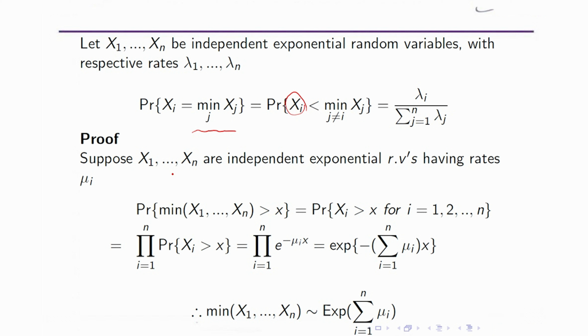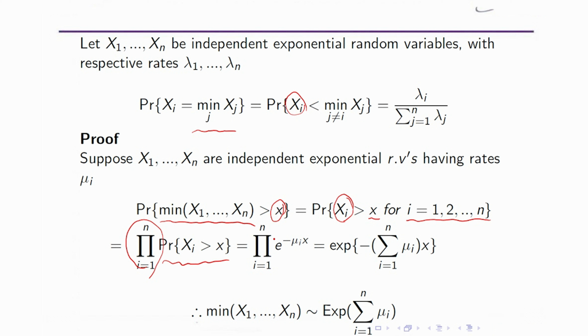So suppose X1, X2, up to Xn are independent exponential random variables having rates mu i. Then consider the probability that the minimum of X1 to Xn is greater than x. Because the minimum is greater than x, that means all Xi are greater than x for any i from 1 to n. And because all the Xi are independent random variables, this probability can be written as the multiplication of individual probabilities.